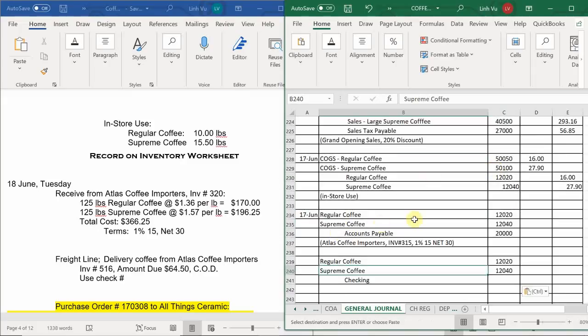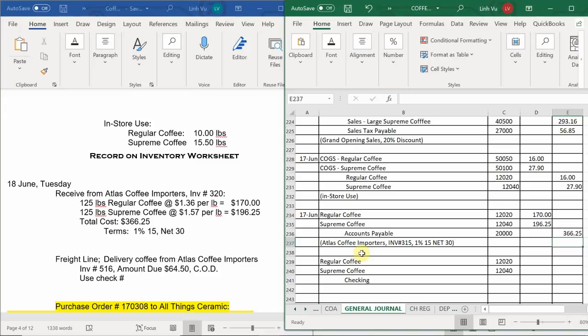So first things here, right? How much regular coffee did I receive in total cost? $170. Those are my Supreme Coffee, 196.25. Okay. Which should give you a total of 366.25.